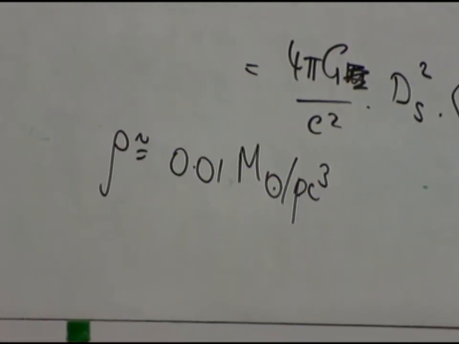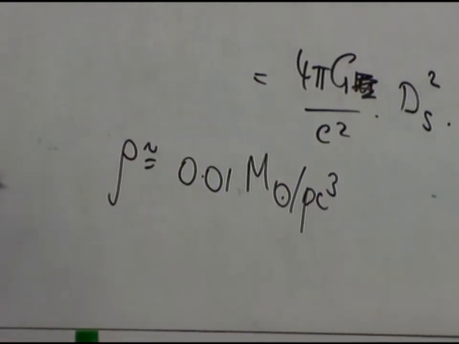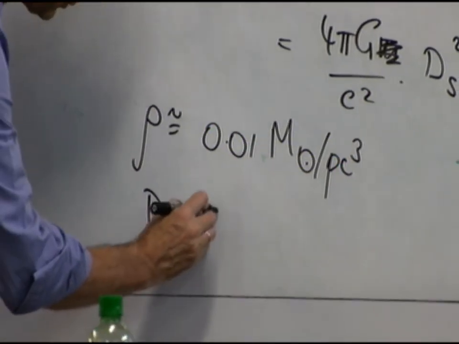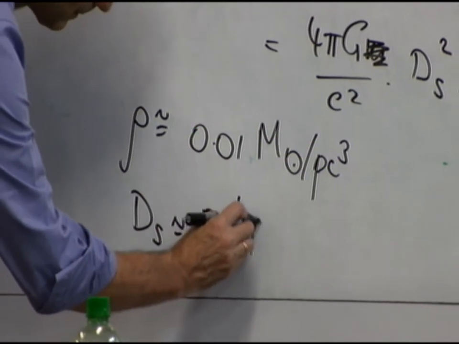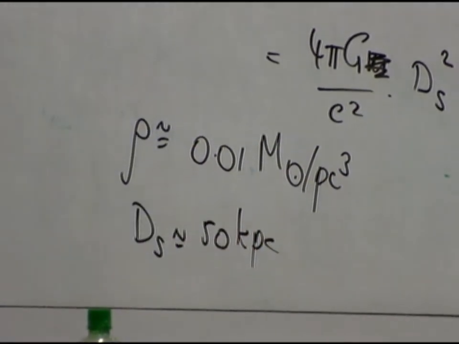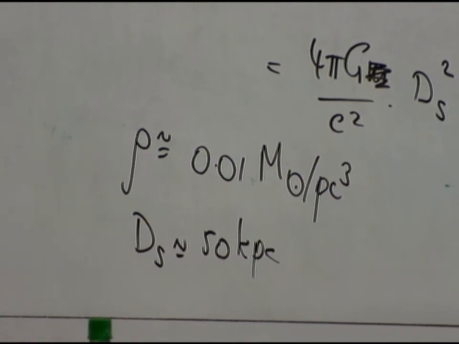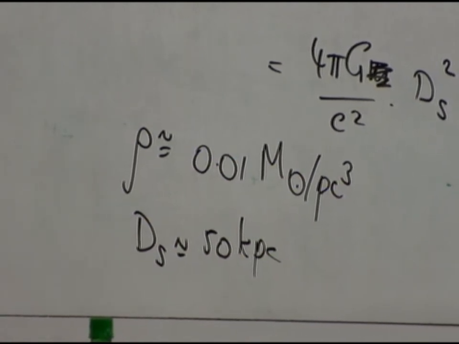So let's assume that this is all in machos that are causing microlensing. The Magellanic clouds are at about 50 kiloparsecs from us. And that's all you need to know to be able to estimate this.